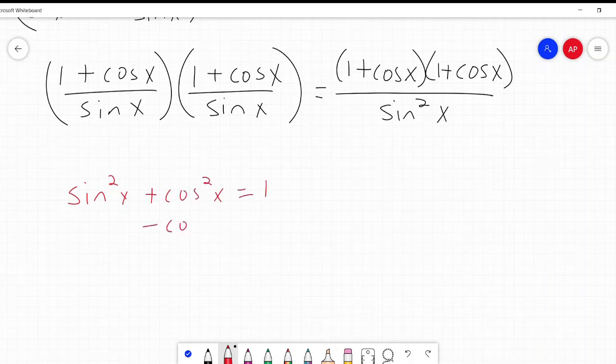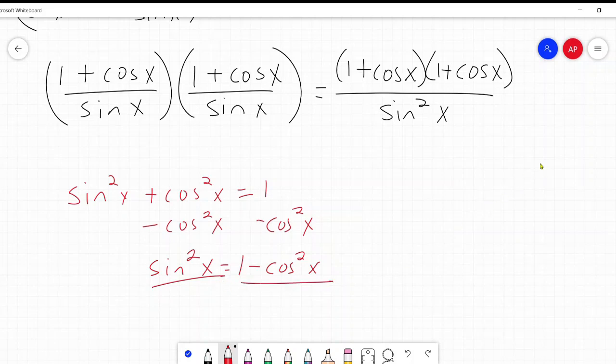So if I subtract cosine squared of x from both sides, I get that sine squared of x equals 1 minus cosine squared of x. Okay, so that's what I'm going to do. I'm going to replace this sine squared x with 1 minus cosine squared x.